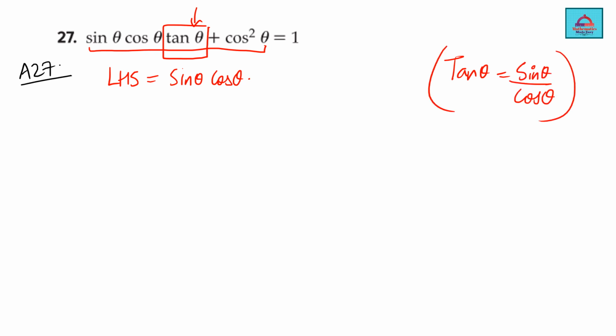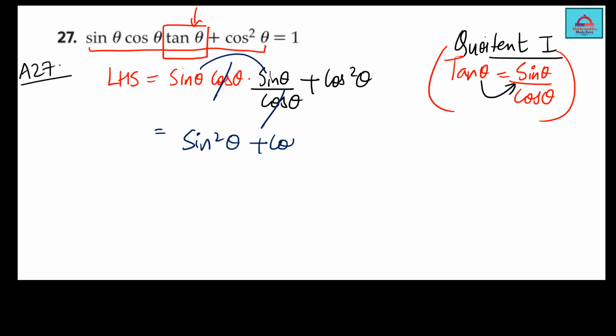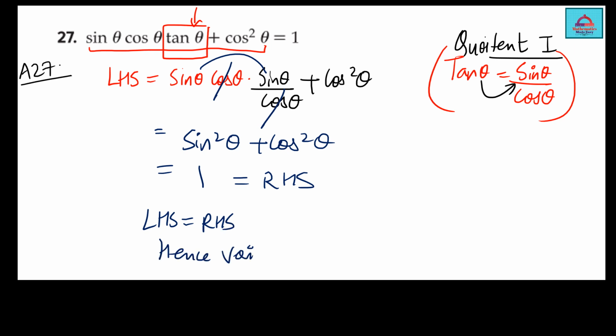Here I'm applying the quotient identity for tan, because I know that tan is the quotient, or division, of sine over cos. So let's replace it with sine over cos. And when we do that, things are going to reduce and cancel as well. You can very well see, cos gets cancelled, and I'm left with sine multiplied with sine, which is nothing but sine square. And then again, Pythagorean makes our life easy, and we are able to reach the right side very quickly. So left and right side are both equal, and hence we have verified.